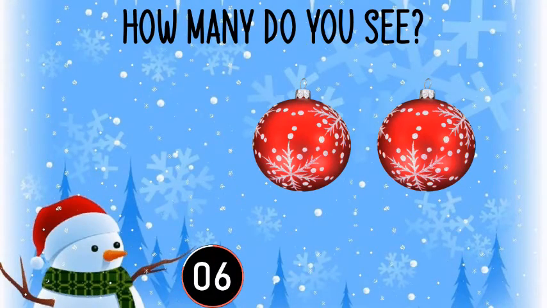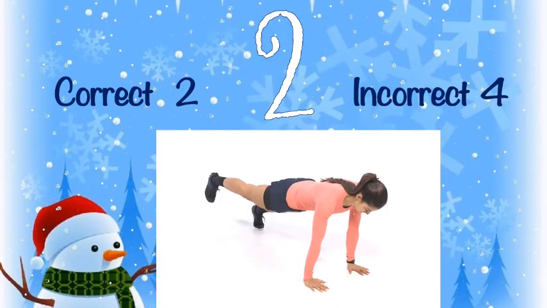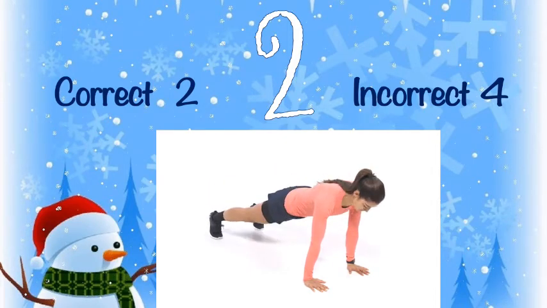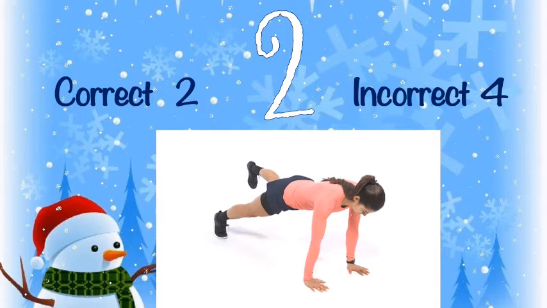All right, how many do you see here? All right, the correct answer is 2. So if you got it correct, you're doing 2 leg lifts. If you got it incorrect, you're doing 4.